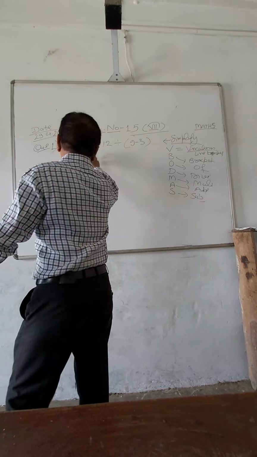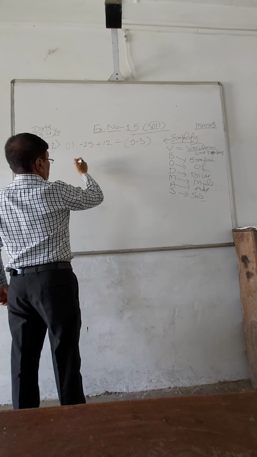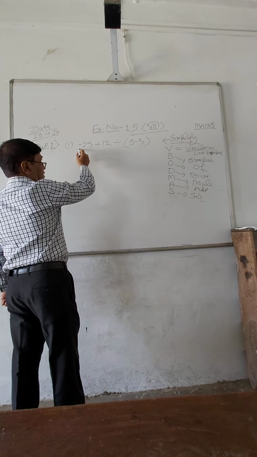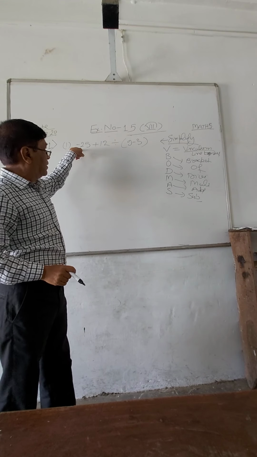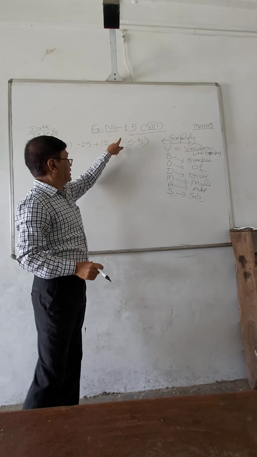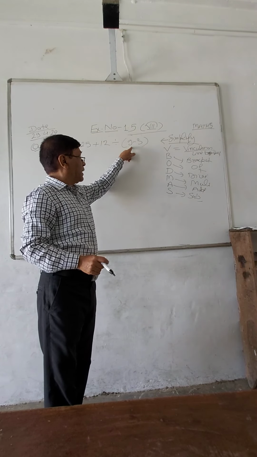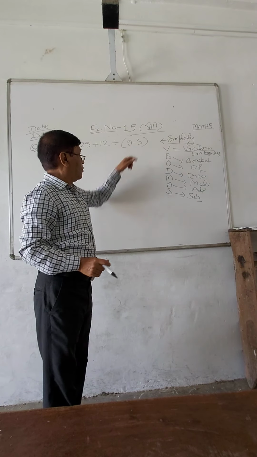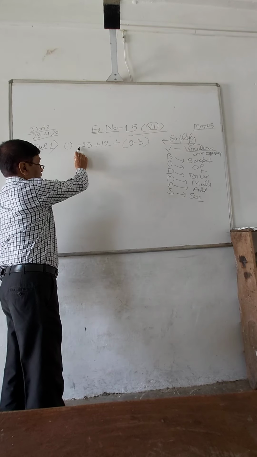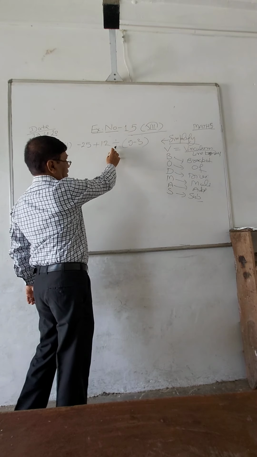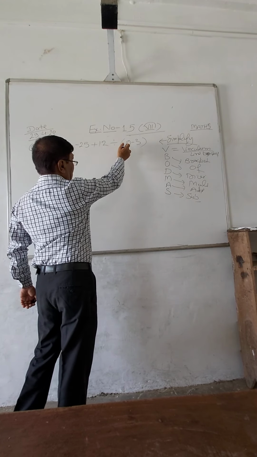So this question, first you solve. Now here you see different signs are there. This is negative, this is positive, and this is divided by 9 minus 3. So here it is subtraction, addition, division, and here it is a bracket.